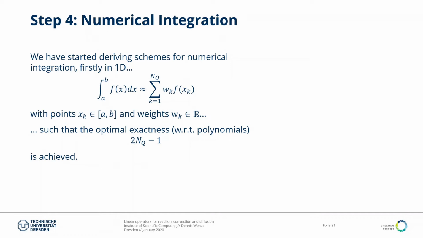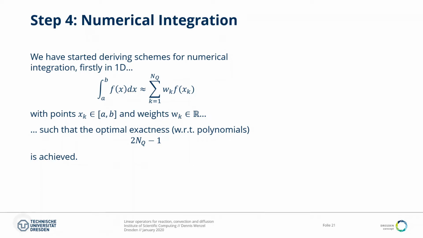So if you take nq points, then the most you can get in terms of exactness is 2 times nq minus 1. So for a single point, you get exactness 1. For 2 points, you get exactness 3, and so on. And we wanted to, of course, get those optimal formulas, because that is the most efficient way to go. It minimizes function evaluations, but gives you the same exactness.